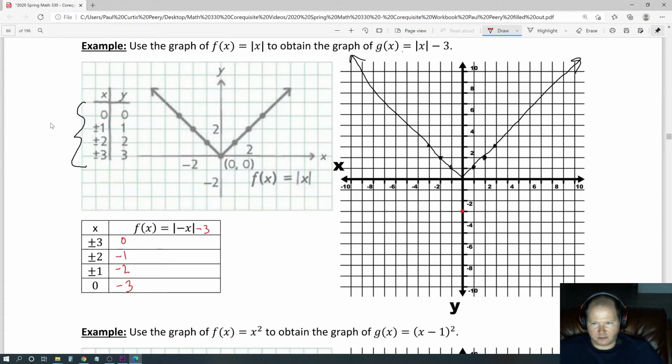And then a plus or minus 1 will give me a negative 2, which is there and there. Plus or minus 2 will give me a negative 1, which is right here and right here. And then plus or minus 3 will give me a 0, which is either there or there. And then we draw a line through it. There.